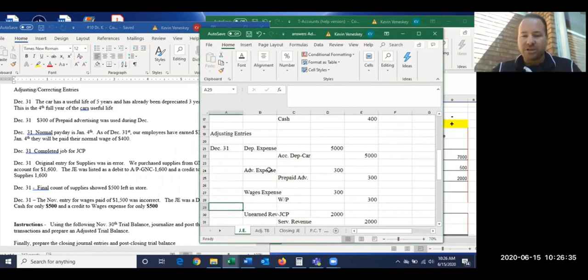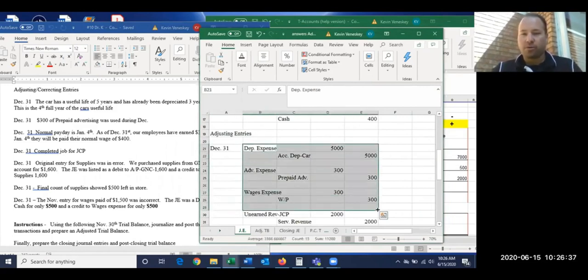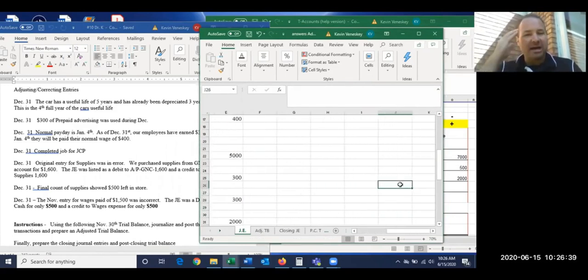Our actual work goes here in our actual general journal, but out here to the side, this is just me putting it on a separate little scrap piece of paper so I can visualize what happened with the old accountant. I'm not going to do anything in my T accounts with it because this has already been done. This is just scratch paper out here.